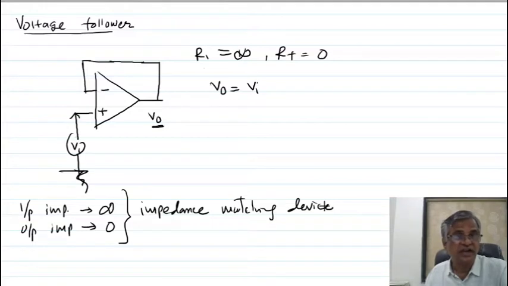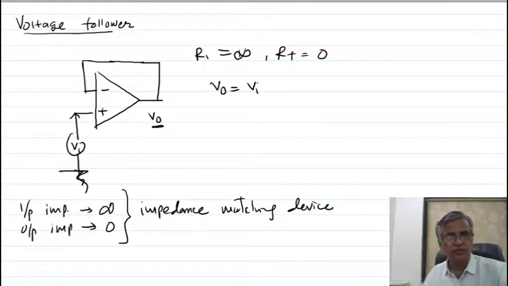Due to very high input impedance, this circuit does not draw current from the source; the current drawn is negligible. It is used as a buffer to match the impedance from a high impedance source to a low impedance load.